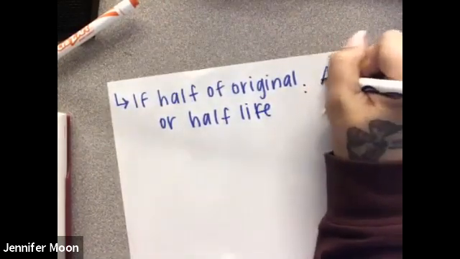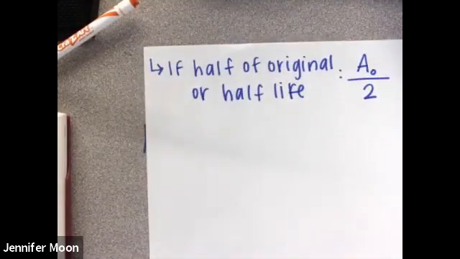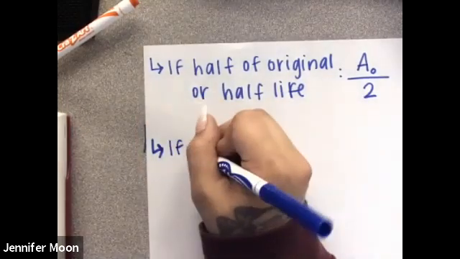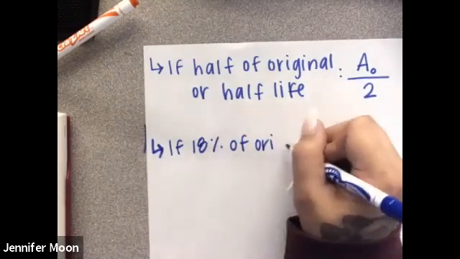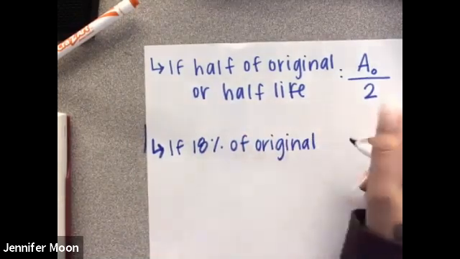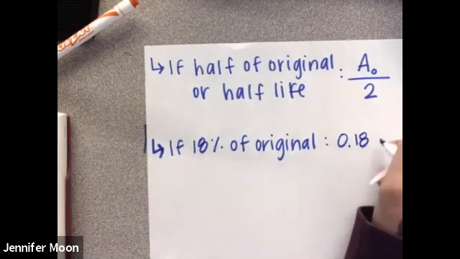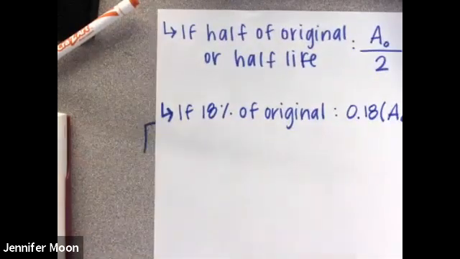What you do is you take your a sub 0 and you divide it by 2. Just time-wise, I couldn't do so many different problems, and so I just want you to know if you see this. If it says like 18% of original, you're going to convert that into a decimal and multiply it times your a sub 0.